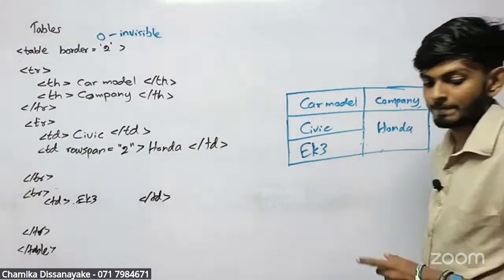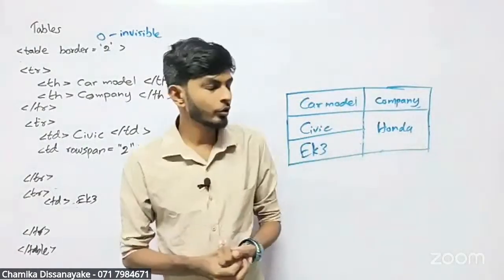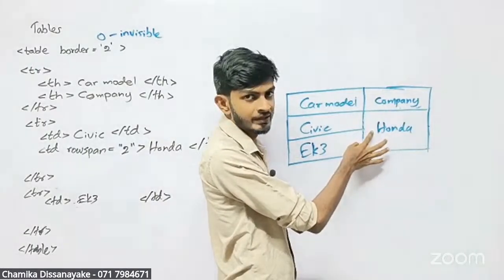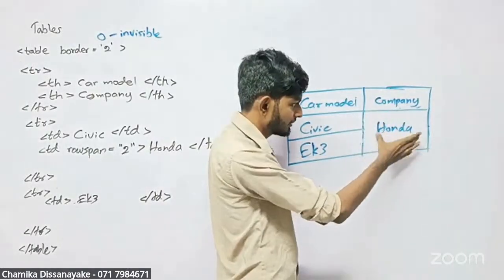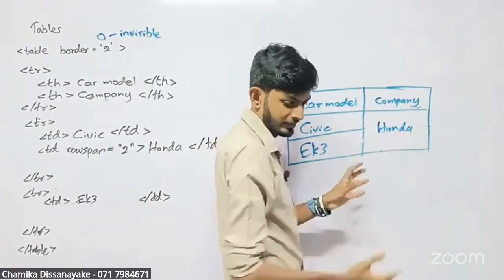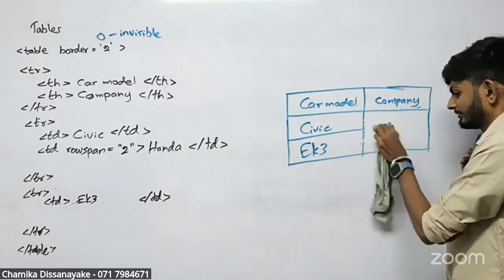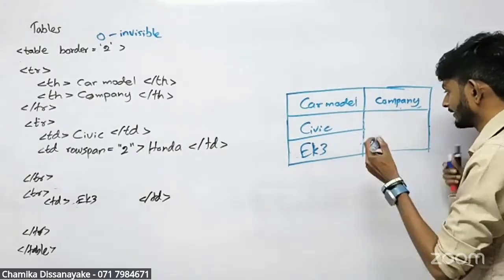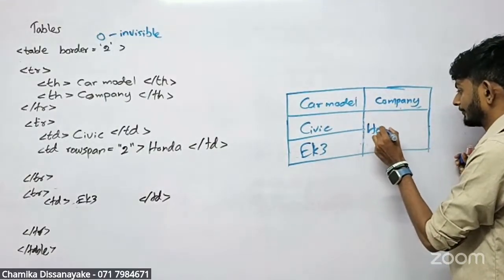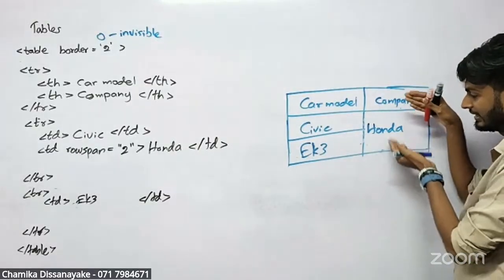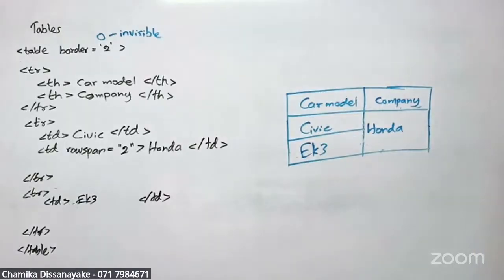And the other thing, just look at the board. Here you can see the Honda is centered. This is not centered within the cell; it is not centered from left to right. I will draw. So it will appear like this, Honda. It will be centered in the height, but not in the width.